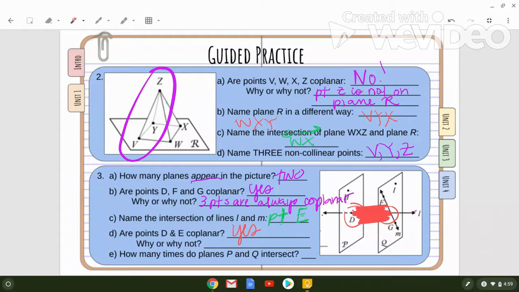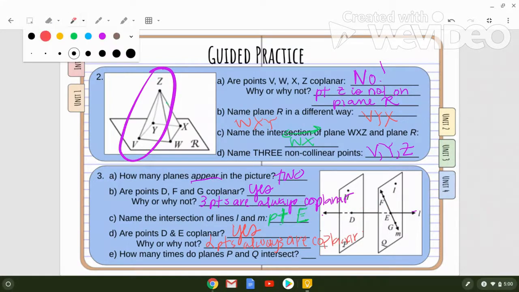Same reason as part B. 2 points are always coplanar. Okay, last but not least, how many times do plane P and plane Q intersect? And as we discussed, they're parallel to each other, so they intersect never or none. Okay, because the two planes are parallel.